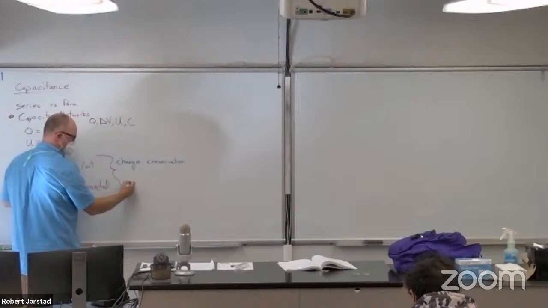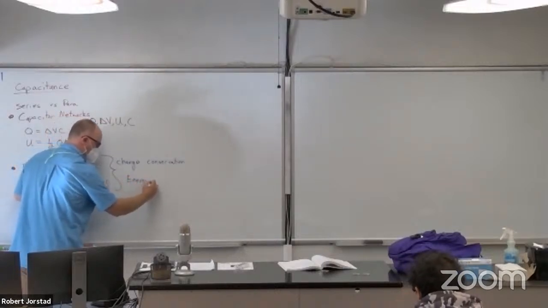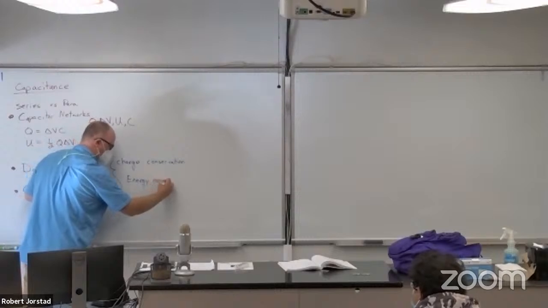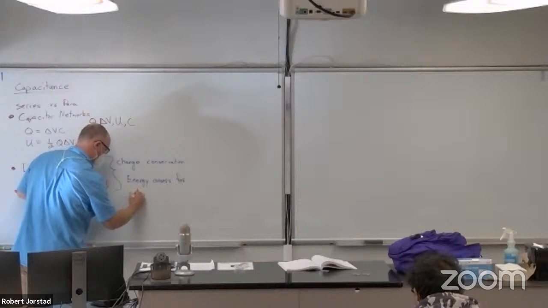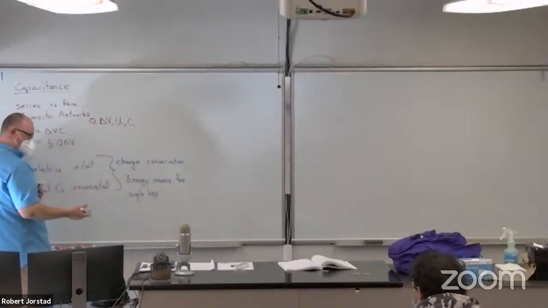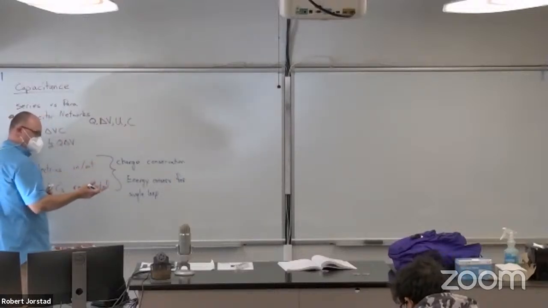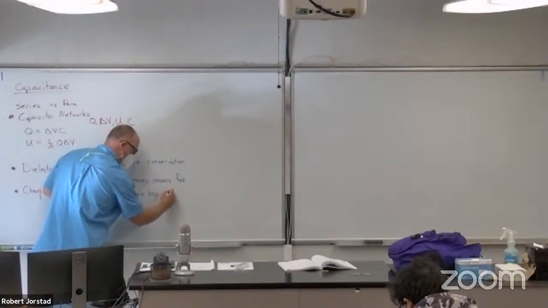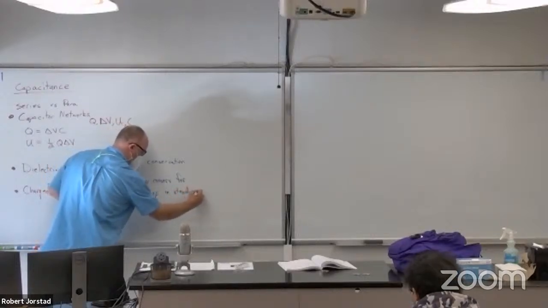And sometimes we talked about energy conservation for a single loop. And I'll even specify it even more. It was energy conservation for a single loop around a circuit in a steady state, meaning it's not changing.